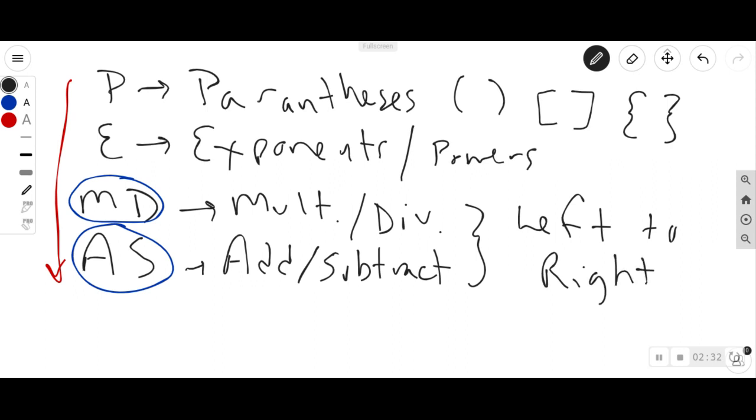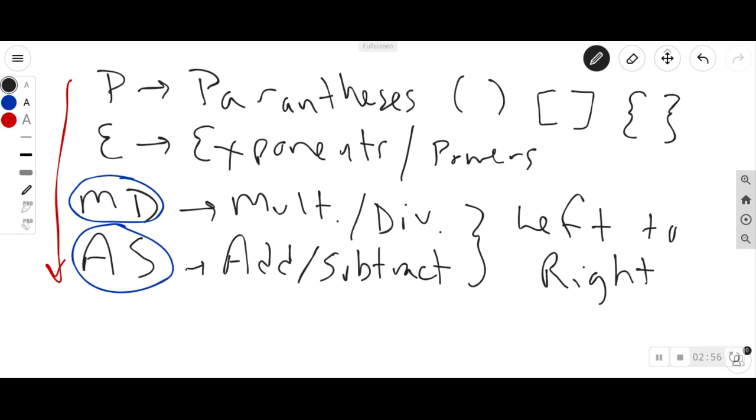You do not always do multiply before divide and add before subtract. You can do divide first if it's to the left of the multiply. You can do subtract first if it's to the left of the add. Of course, if any of these are inside parentheses, then they automatically go first.